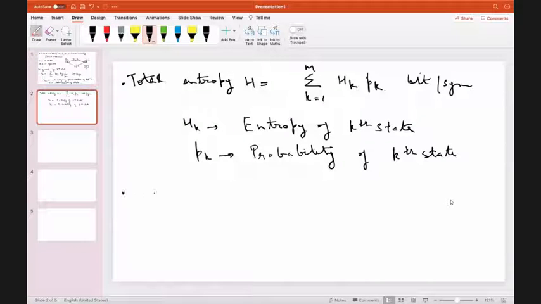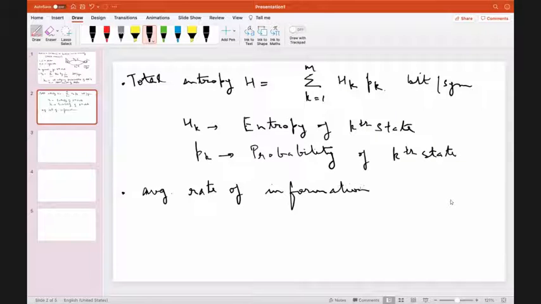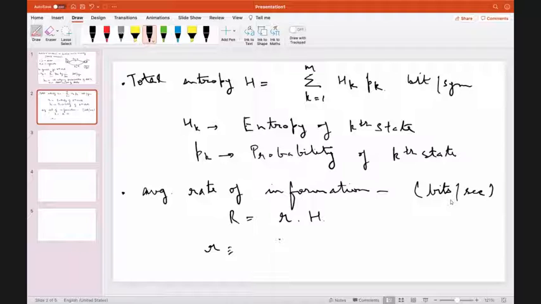Then we also evaluate what is called the average rate of information. This average rate of information is measured in bits per second, and it is given as R equal to small r times capital H, where small r is the number of symbols emitted by the source per second.